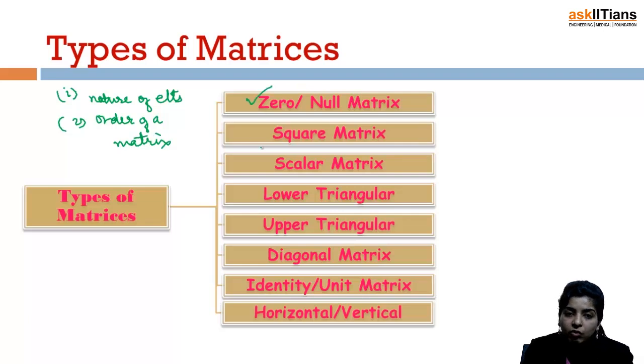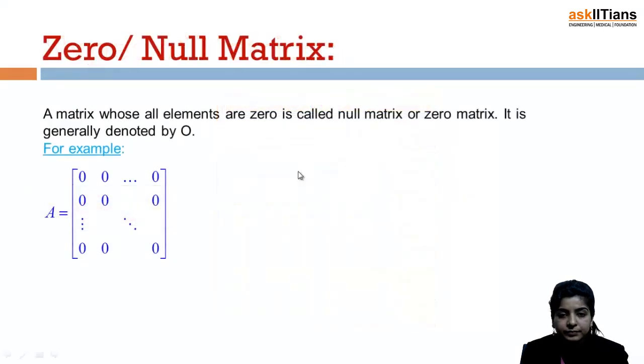First of all, we have zero or null matrix, then we have square matrix, scalar matrix, lower or upper triangular, which can together be termed as triangular matrices. This is an important type of matrix. Then we have diagonal matrix, identity matrix, and horizontal or vertical matrices.